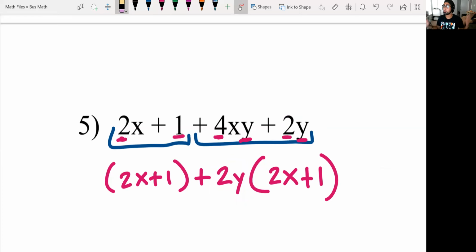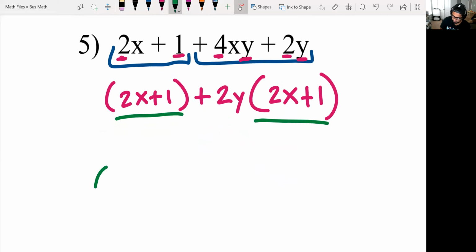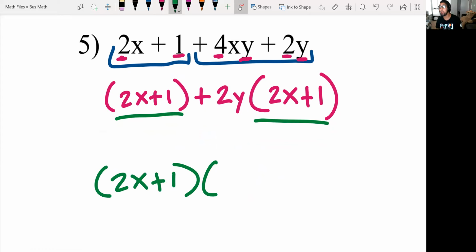Okay. Well, we have taken the greatest common factor from the group on the right. And now we run into, does this term look like that term? And those terms look exactly the same, which means you can factor them out. So you'll factor out the 2x plus 1. But now what is left over?